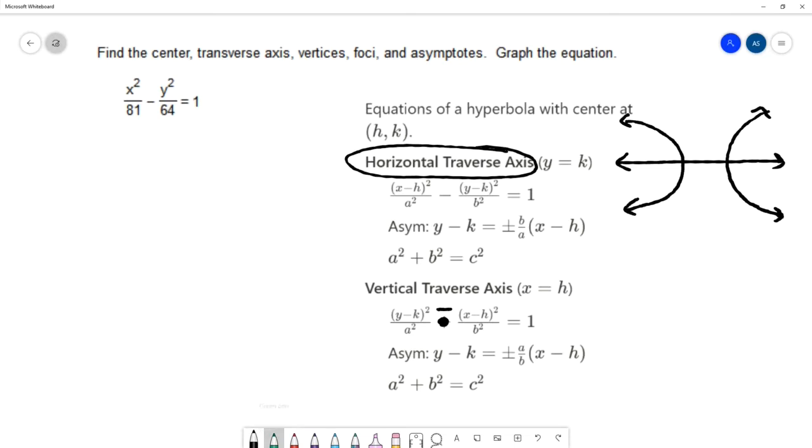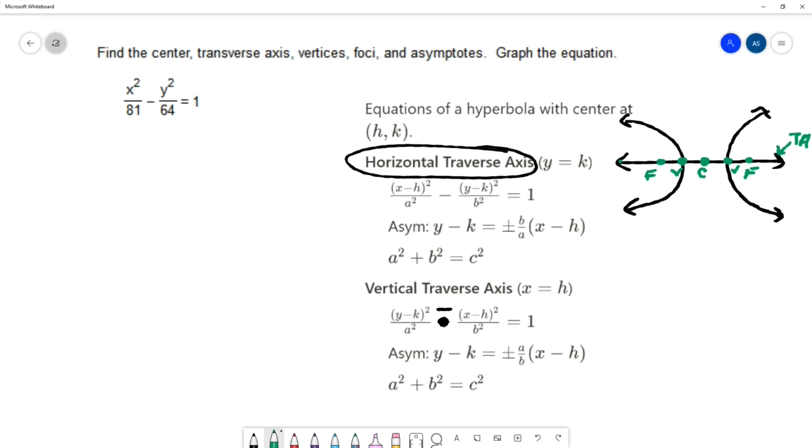And they line up horizontally along this transverse axis. So this is going to be our transverse axis. It's horizontal. You're going to have the center. Around it you have vertices, and then around that you have your foci. So you have center, vertices, and foci.